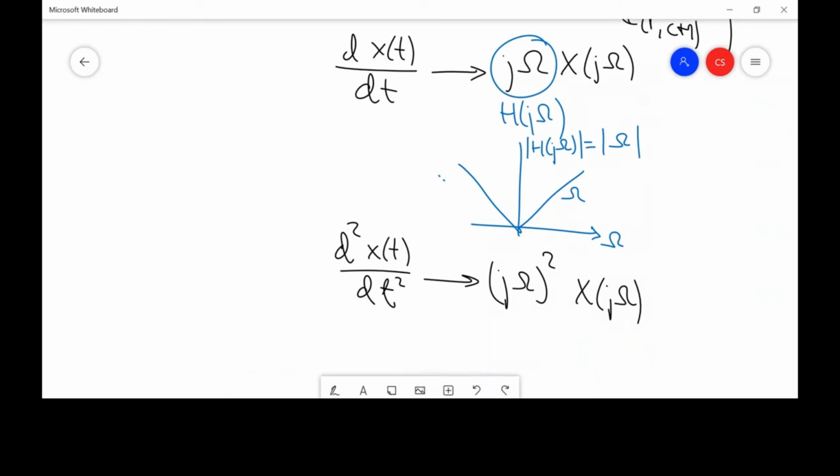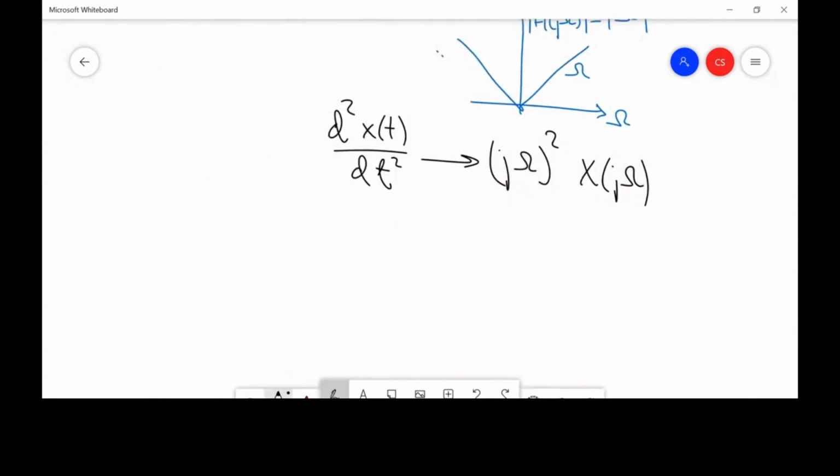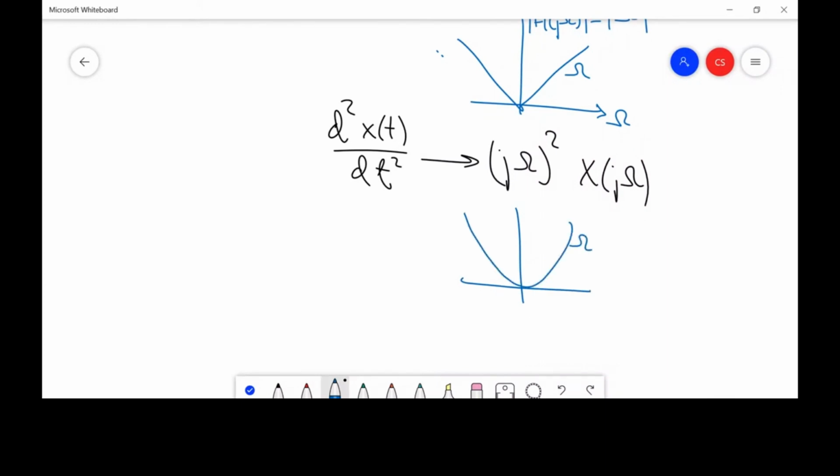And if you plot this filter, it's something like that, and this is omega squared. This is the module of j omega squared. Okay, so differentiation in the Fourier space is just multiplying by a monomial of degree the number of times you want to differentiate.